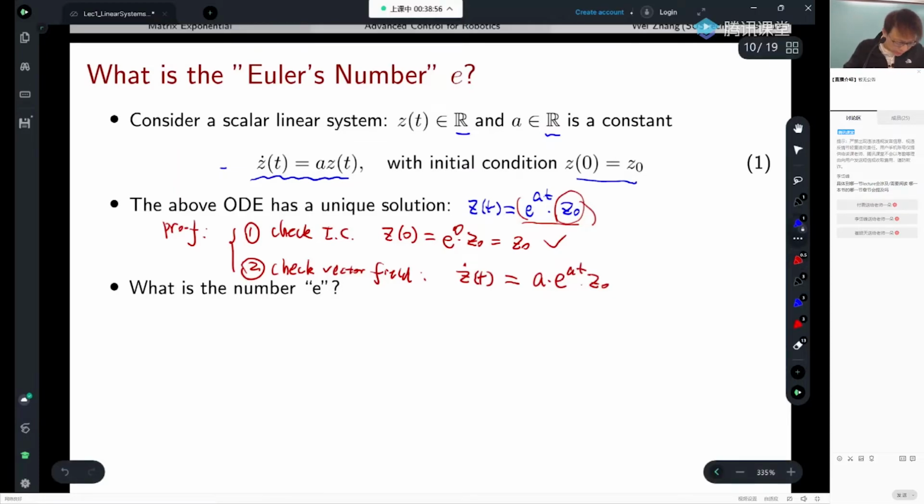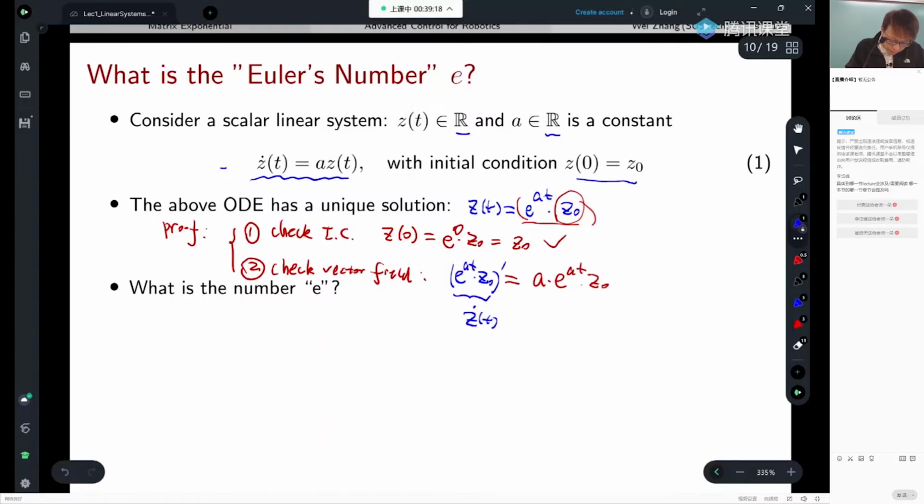Let's say I plug in this equation, right? So the derivative of E to the AT times Z0 equals A times this. So this one is our proposal of Z of T, right?